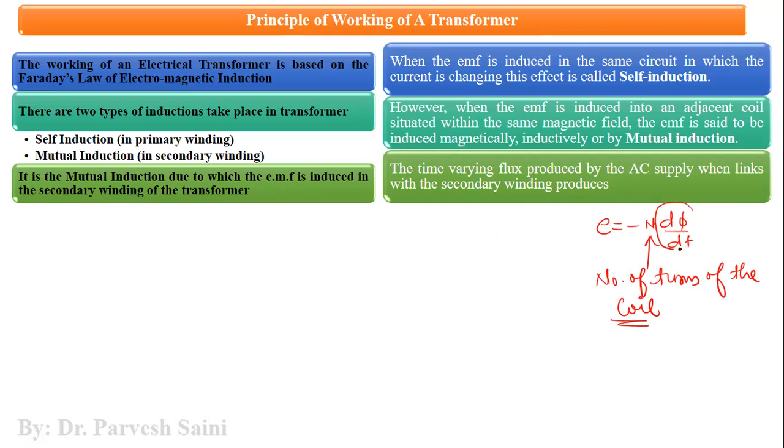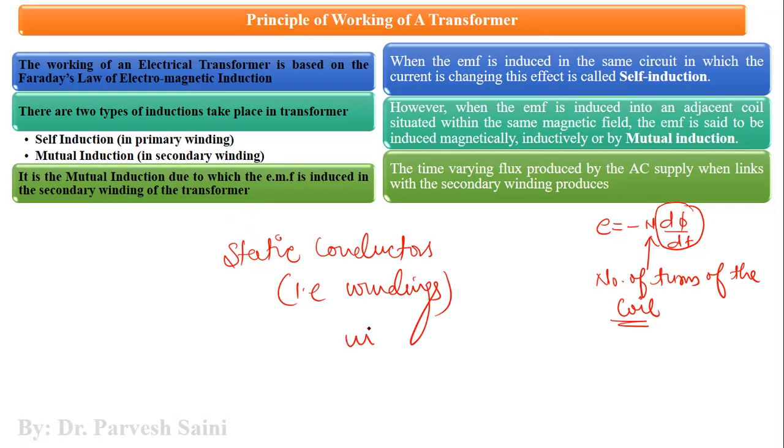And this is the rate of change of flux. So how are we getting that d phi by dt when we have the static conductors, that is the windings in a transformer? So this is the answer to that particular question, because we are using AC supply in transformers.